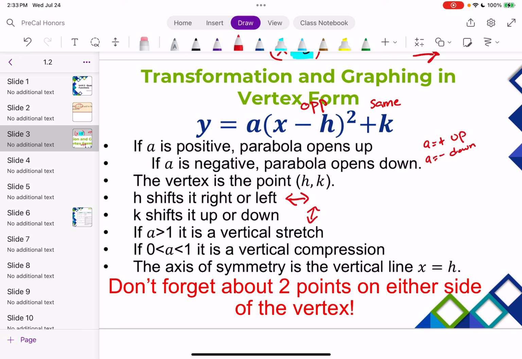A vertical stretch means that it is going to get taller or more narrow. An easy way to think of this is kind of like Play-Doh. As you stretch the Play-Doh and you pull up and down, what happens? We are stretching it and it becomes much thinner, much more narrow. That is a vertical stretch.